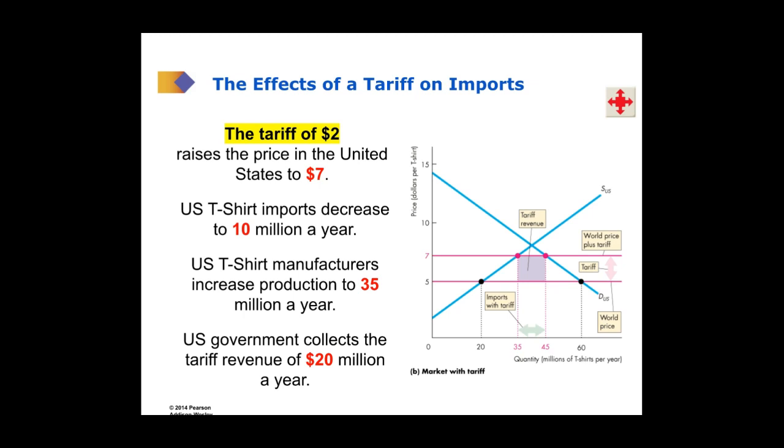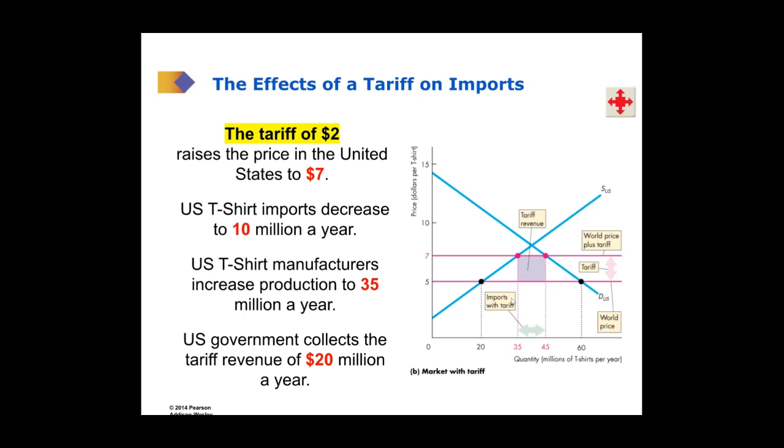Now we can see that the total amount of shirts that are sold is 15 million less. The total amount of imports is 10 million less, and the total amount of domestically produced T-shirts is 15 million more. So there's a number of changes that happen here.